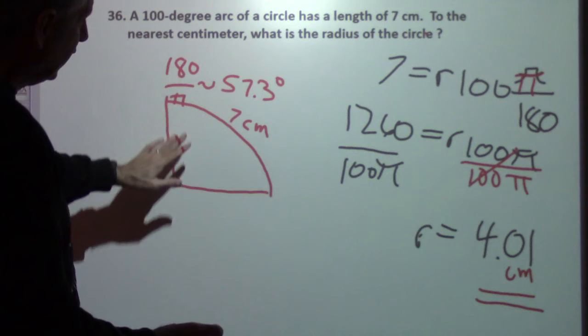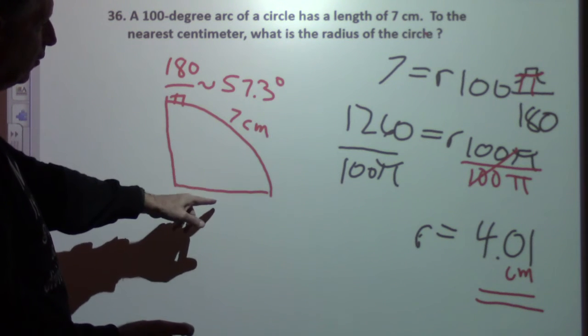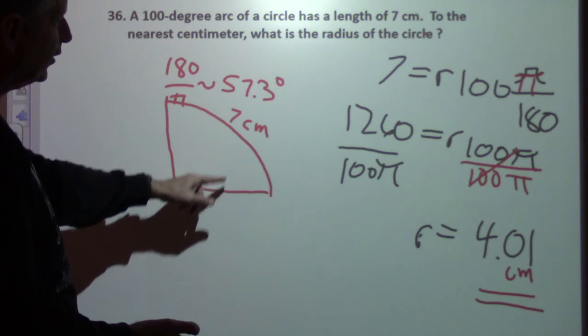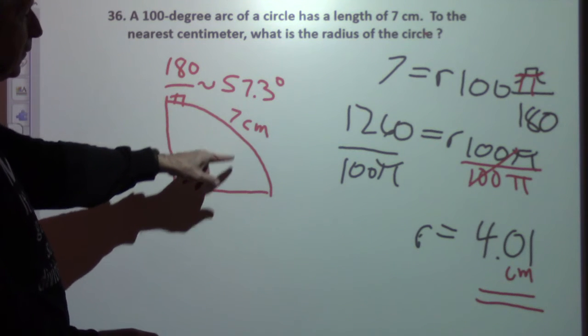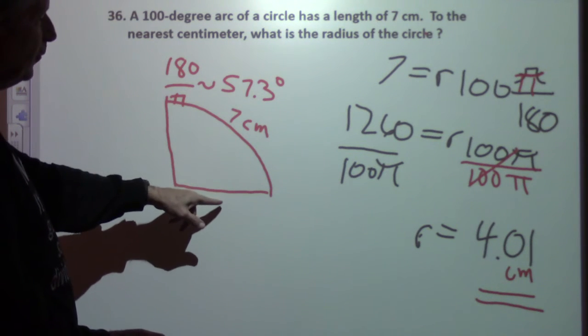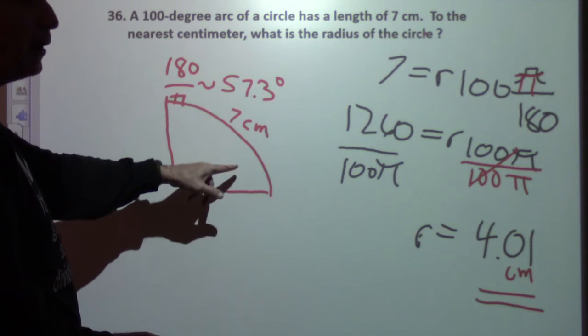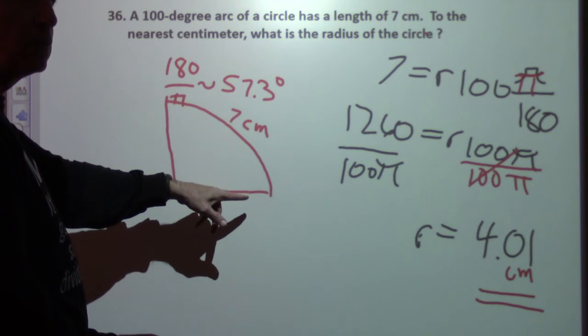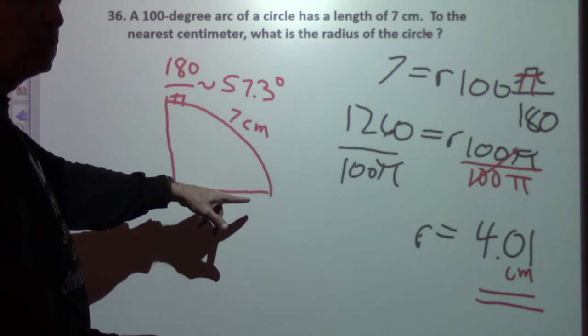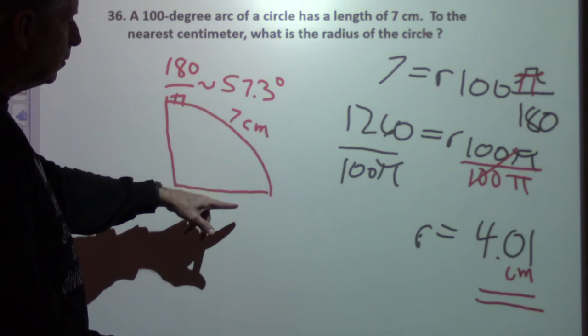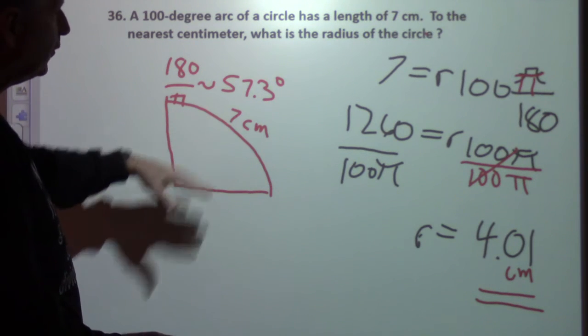So if this is 7 centimeters and this is drawn to scale, what is this radius going to be in relation to that? Less than. Yeah, less than 7, probably bigger than half, right? Okay. So anyway, that's some intuition.